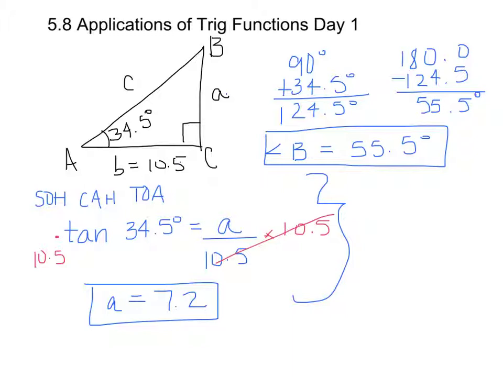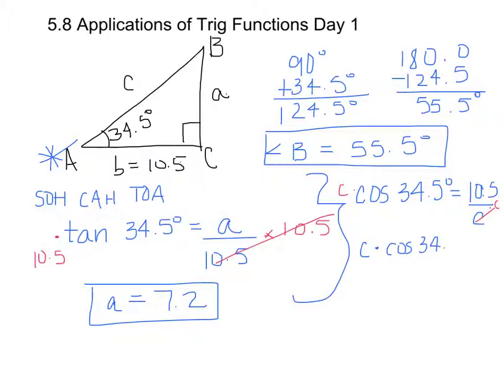cosine, which is adjacent over hypotenuse, because I'm still looking at this angle A. So cosine 34.5 degrees equals 10.5 over C. So I would solve for C, multiplying C by both sides, and then I would get C times cosine 34.5 equals 10.5.